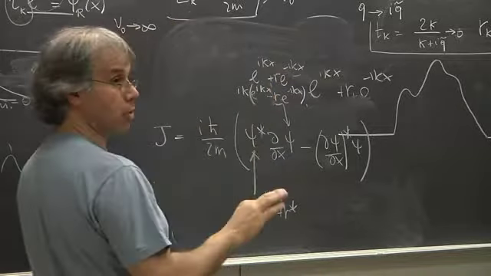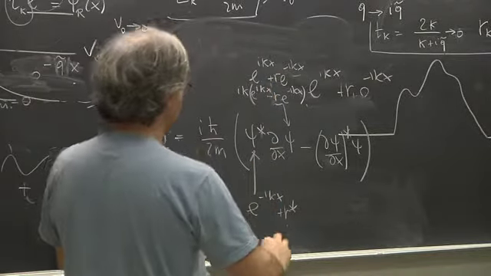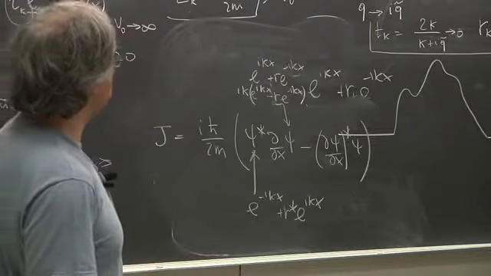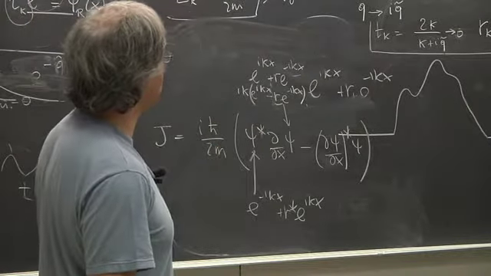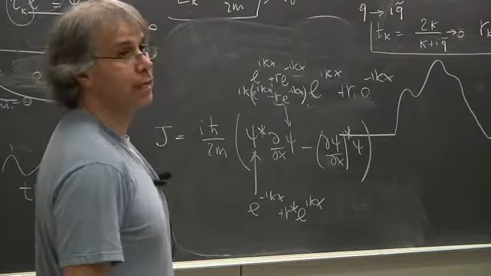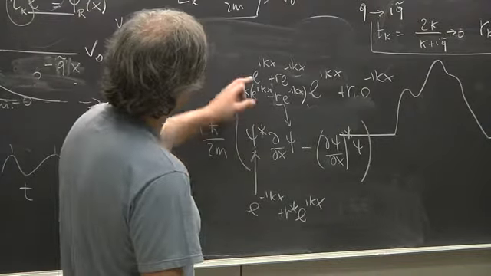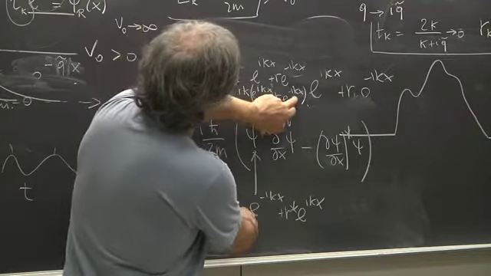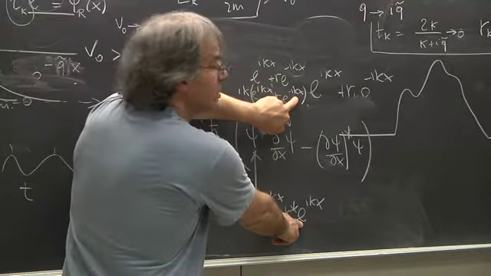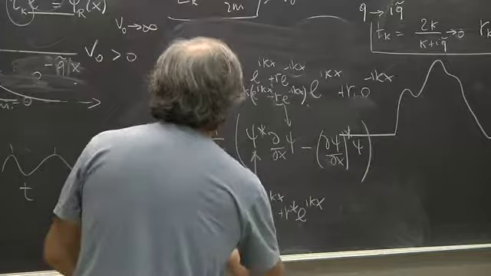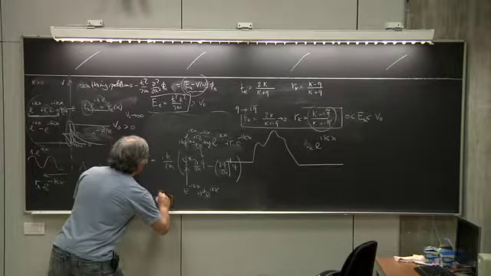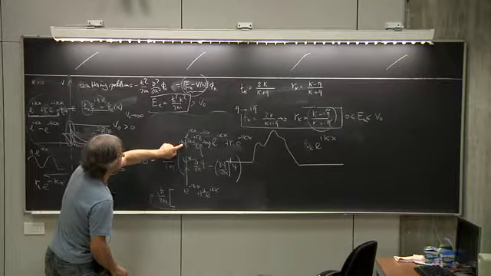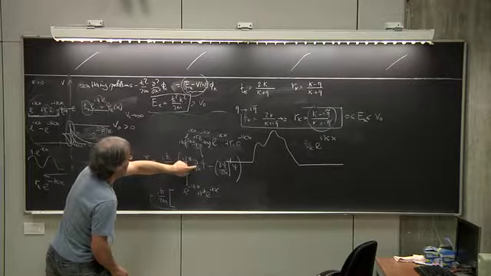R and t are generally complex, okay? Don't take them to be real. R star e to the i k x. So just do the multiplication, and you will get, in principle, 4 terms. There are terms that are constant. For instance, e to the i k x times e to the minus i k x is a constant. So let's write them. They are i h bar over 2m, then I have ik in front, coming from this.